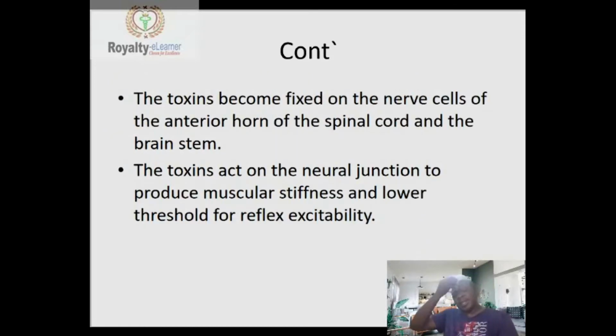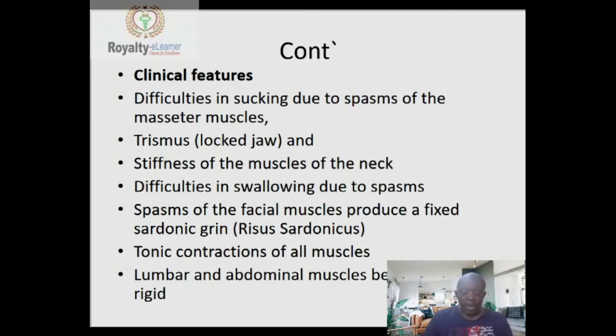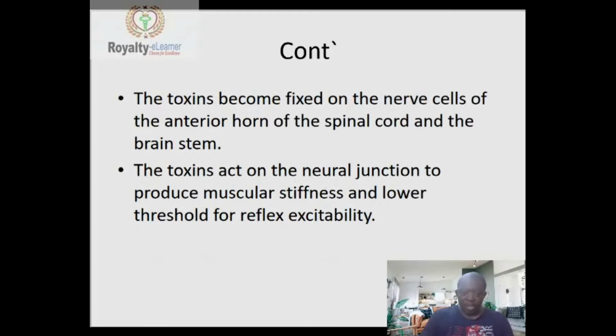The toxins then become fixed on the nerve cells of the anterior horn of the spinal cord and the brainstem. The toxins will act on the neural junction to produce muscular stiffness and lower the threshold for reflex excitability. Okay, that is all on the pathology of the disease.